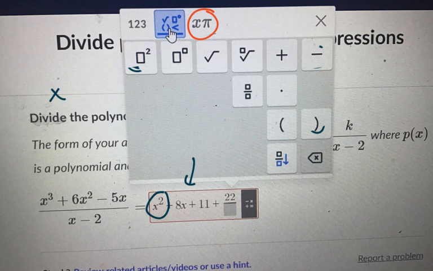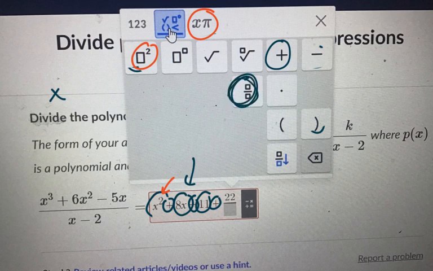Once I click X, I click this, and then that x squared pops up there. From there, all I had to do was click on the plus here, type in 8, type in X, plus, 11, plus. Then I clicked on this button so that my fraction showed up. And then you just type in your fraction.